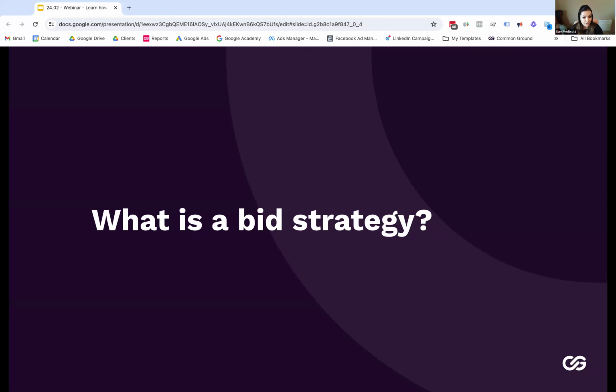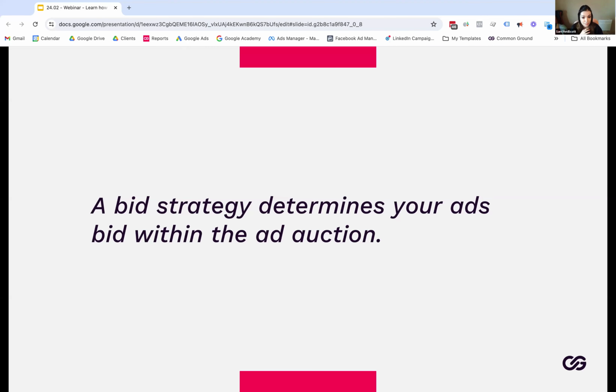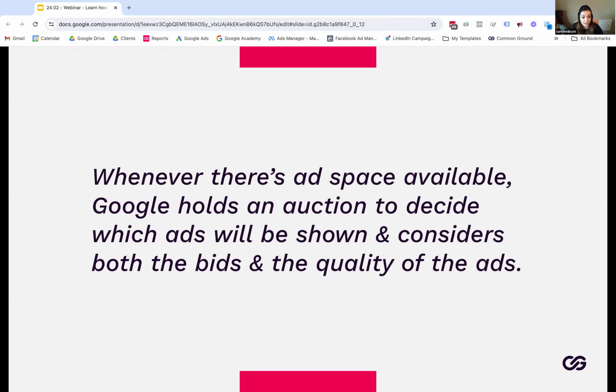Now I'm just going to, told you it'd be quick, get straight into what a bid strategy is. Start from the basics and work our way up. A bid strategy determines your ad's bid within the ad auction. Whenever there's ad space available, so someone is actively searching for some of the keywords that you want to target, Google holds an auction to decide which ads will be shown in which order and considers both the bids and the quality of the ads.